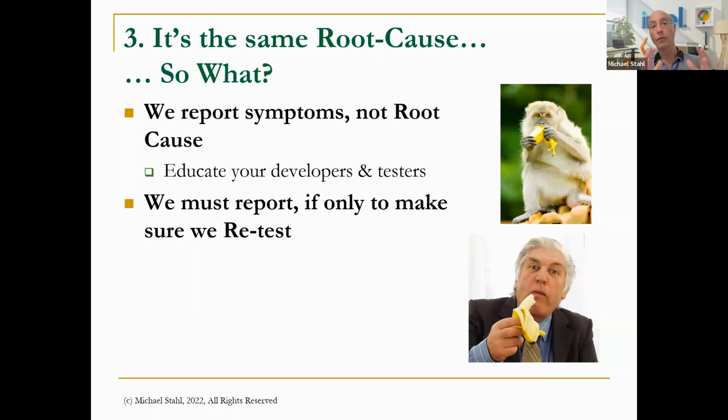So if only for the fact that we need to retest and see that both tests are now passing, we should report them both. And yes, we should educate the developers. You will see situations where we will report something and it looks like we're trying to inflate the numbers. But these are the reasons why we do it, and we will give you an indication in the bug report. It looks like the other one, and maybe link them together or whatever.